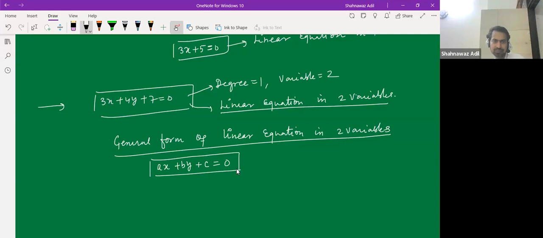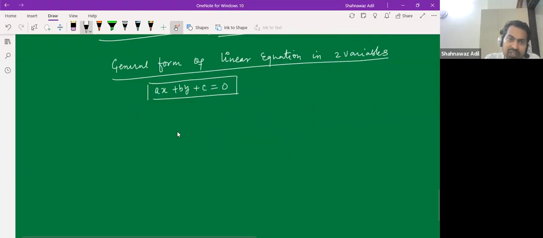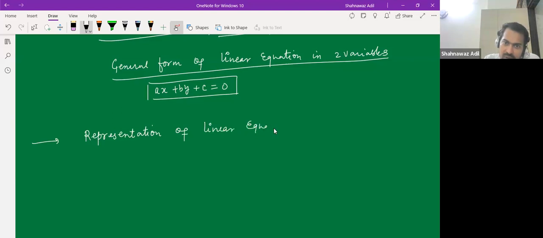Understood? Now, to solve the linear equation, we need a pair of linear equations, right? Before that, we have a representation of linear equation in two ways.